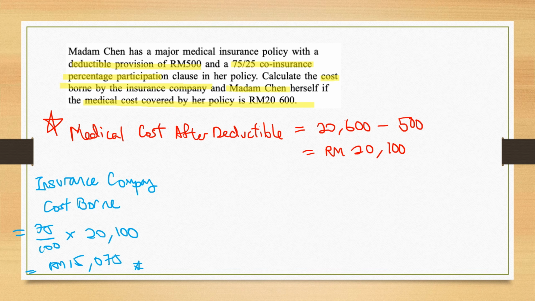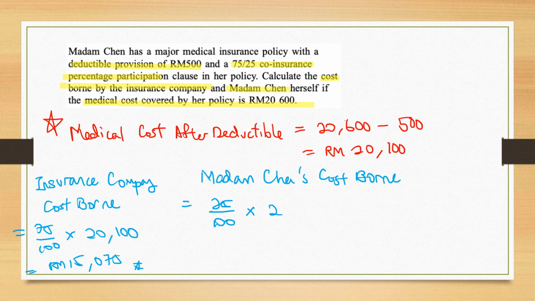Now you have to calculate 25% for your policyholder. The policyholder is Madam Chen. Madam Chen's cost borne is 25% times your same figure, your 20,100 ringgit. But here's something to take note of: you have to add back your deductible.